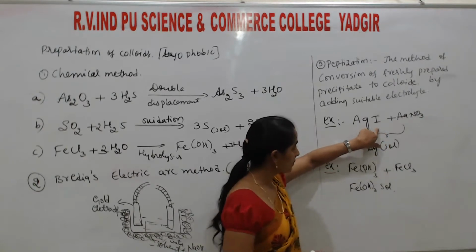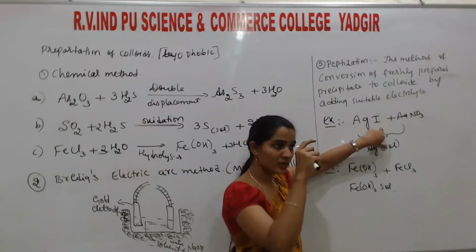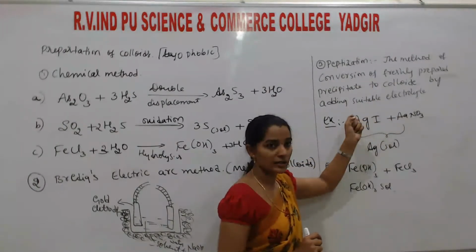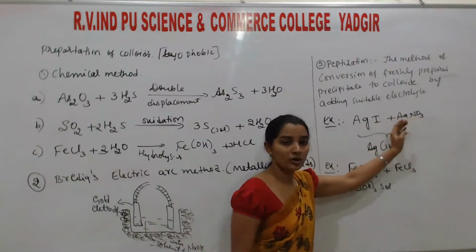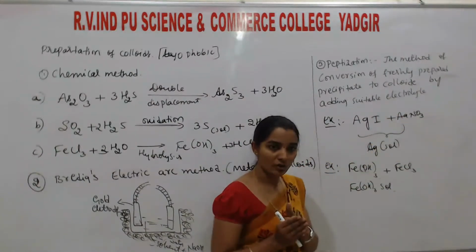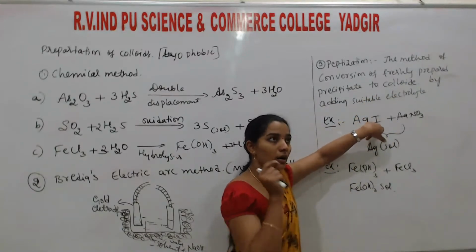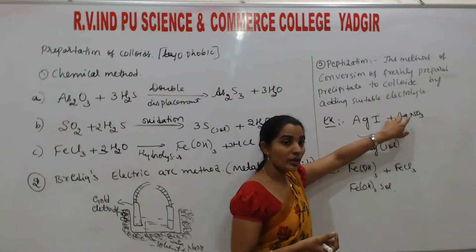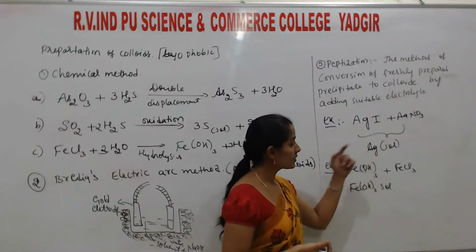So it is precipitated as AgI, so the particle size is more. Precipitate means we can easily see them. White precipitate, violet precipitate, brown precipitate, you know that in salt analysis. So if it is mixed with AgNO3, then it is partially dissolved, and that forms a colloidal solution. The AgI has a particle size of more than 1000 nanometers. This one is less than 1 nanometer. So when they mix with each other, the size becomes between 1 nanometer and 1000 nanometers. That's why they form colloids.